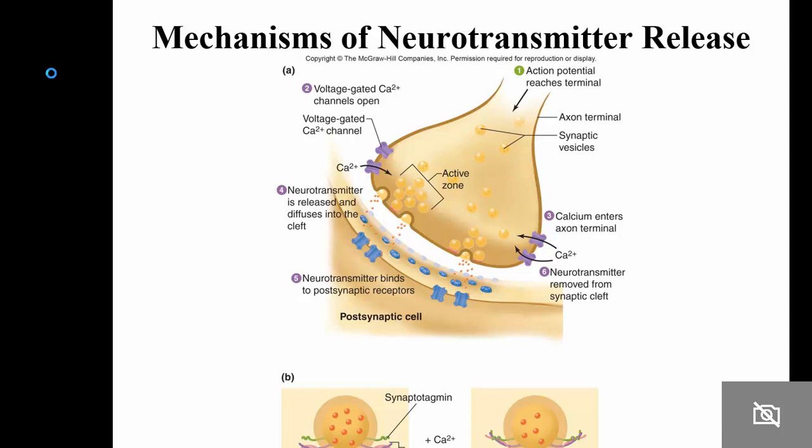And botulism will cause these excitatory neurons not to be able to transmit their signal. And so this won't reach threshold. Clostridium tetani, tetanus, right? Everybody's had a tetanus shot. It does the same thing, except it affects the inhibitory neurons.